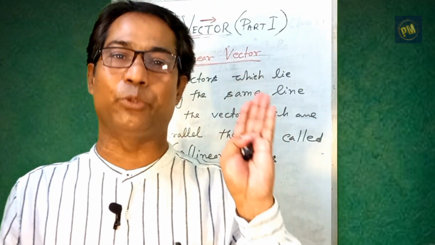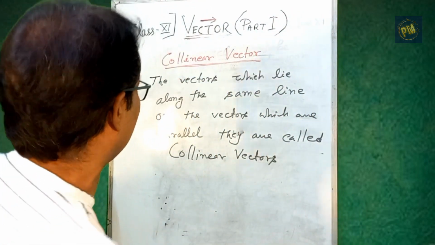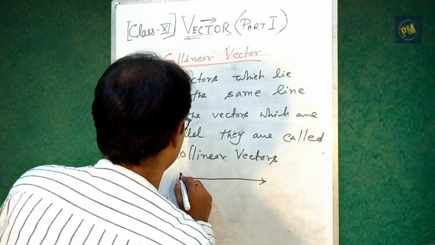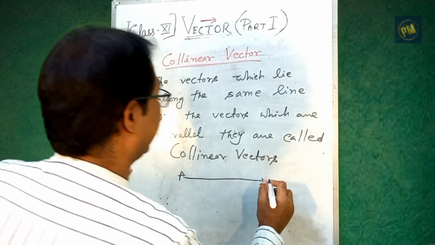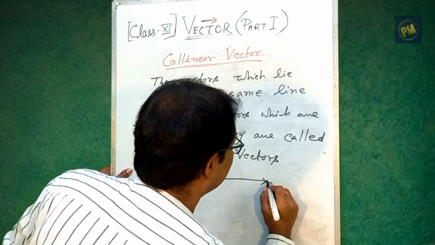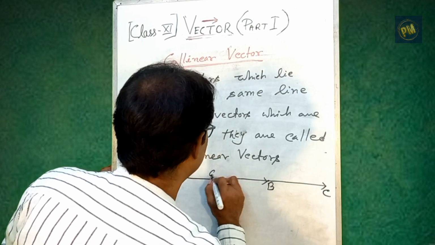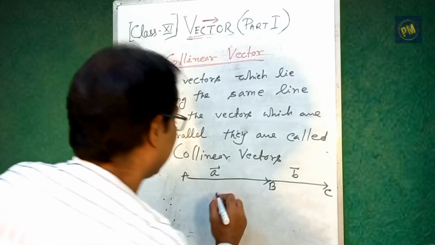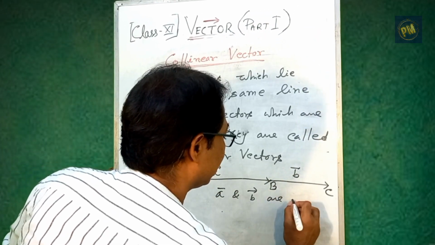The angle between the collinear vectors is 0 degrees. Just draw the diagram of the collinear vector. That is AB. A is the tail, B is the head. Take another vector acting along the same line, BC. This vector is A and this vector is B. This A and B are collinear.